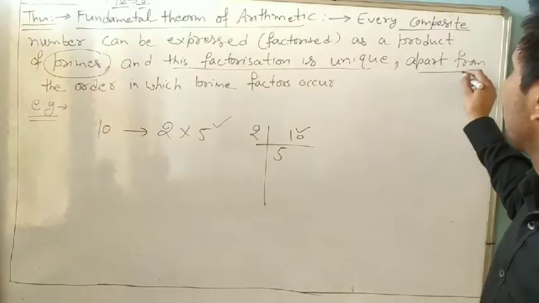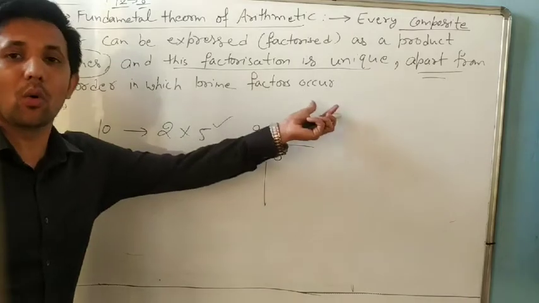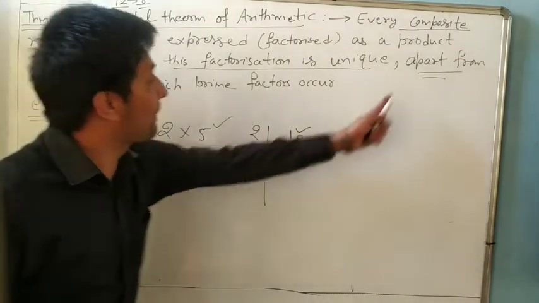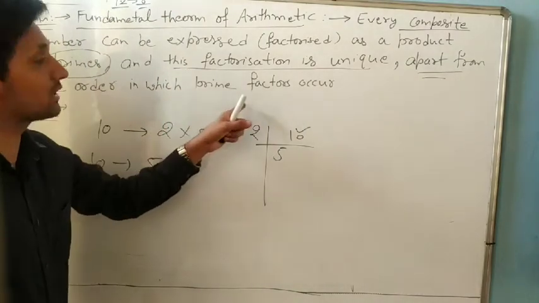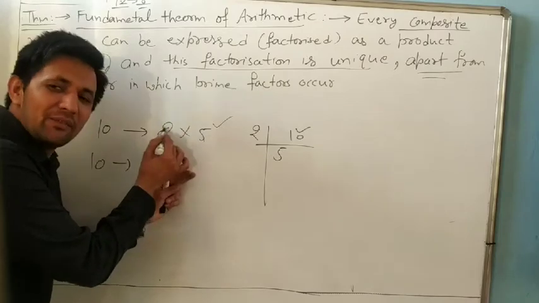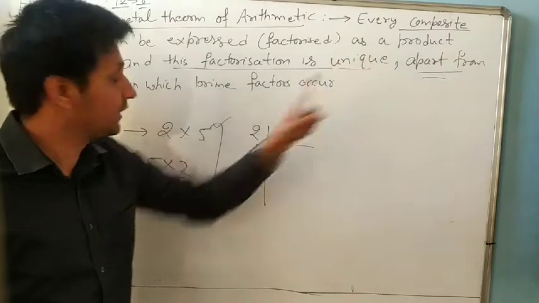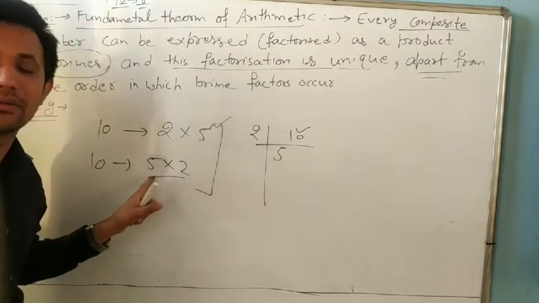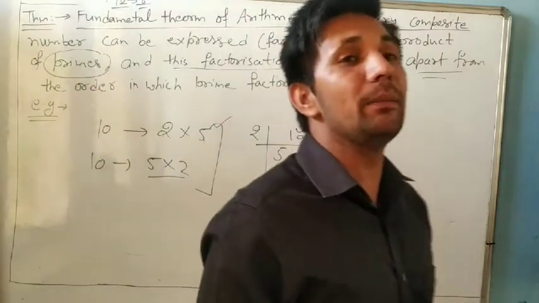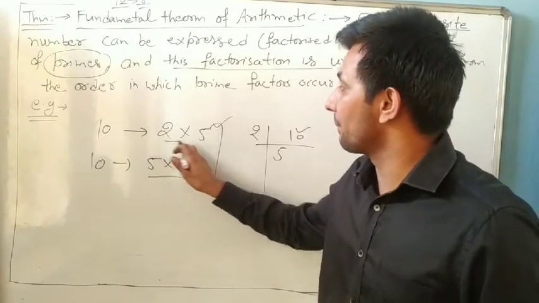And apart from, meaning except, the order in which the prime factors occur. So the order may be changed. First you can write 5 or 2, both are the same. But these numbers will be unique, 2 and 5.